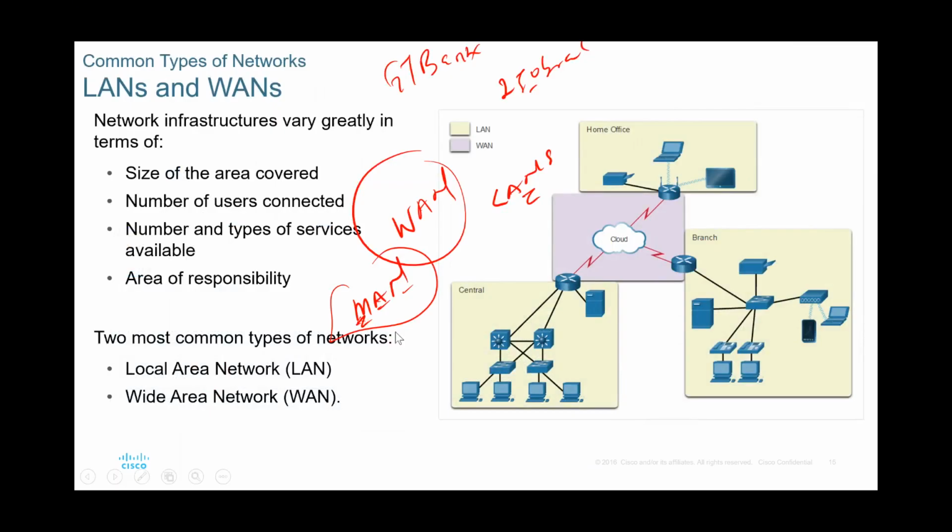If you want to refer to that network created in that city, the branches of the bank connecting to the main branch gives you Metropolitan Area Network. So when we say LAN, you should understand what we're talking about. When we say MAN, we should understand what we're talking about. When we say WAN, you should understand what we're talking about.